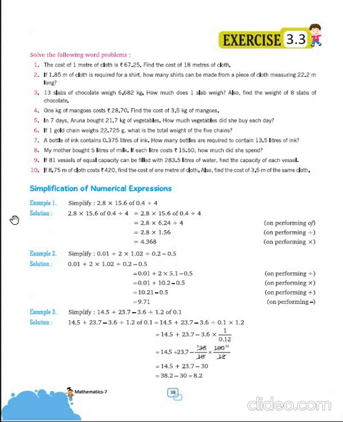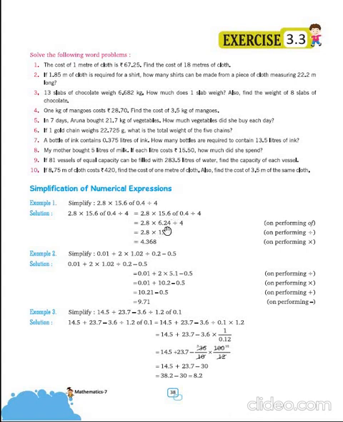Now let's see how you can simplify numerical expressions. 2.8 into 15.6 of 0.4 divided by 4. So first we will do the operation of 'of'. So it will be 15.6 into 0.4.